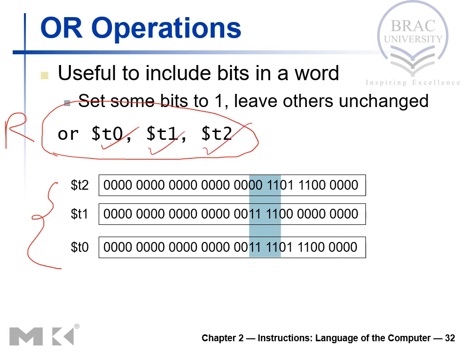Registers $t2 and $t1 have their values, and the OR operation is like the logical OR operation that we have seen in our digital logic part. What we get in $t0 is just the bitwise logical OR of $t2 and $t1.